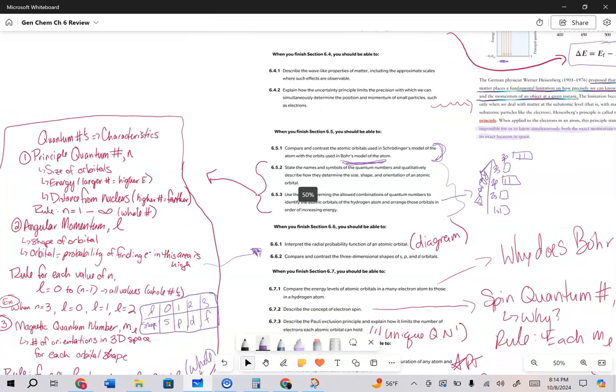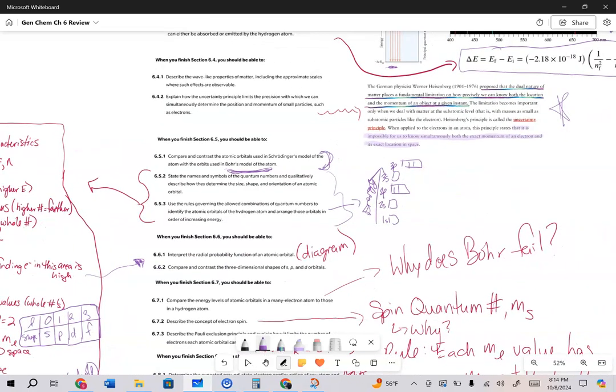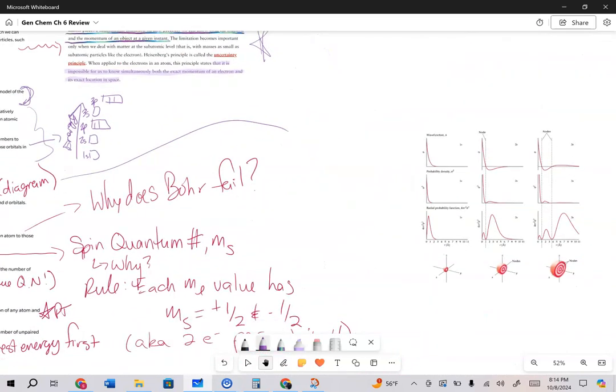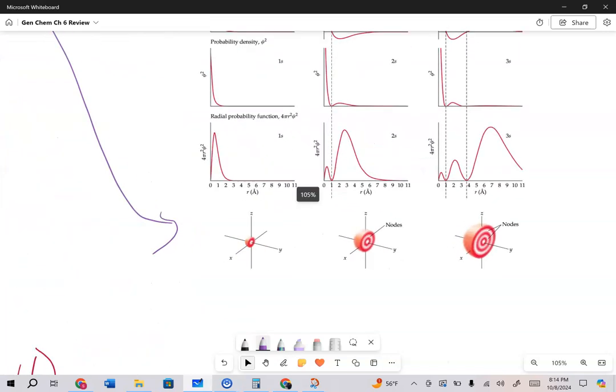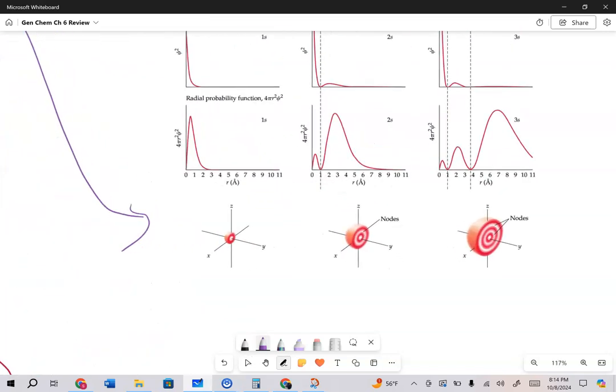In the next section, you're asked to interpret a radial probability function of an atomic orbital. That sounds like a very scary term, but essentially that was our very brief discussion on how, if we're looking at different orbitals in different energy levels, so for instance, this is a 1s, this is a 2s, and this is a 3s, what we see is that in each, as we increase our number, there is going to be what we call a node.